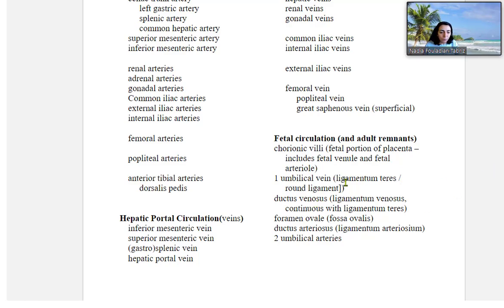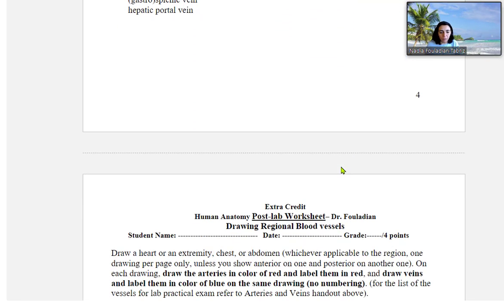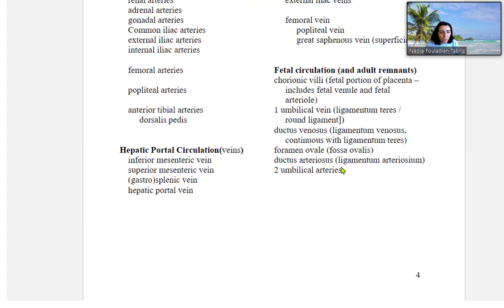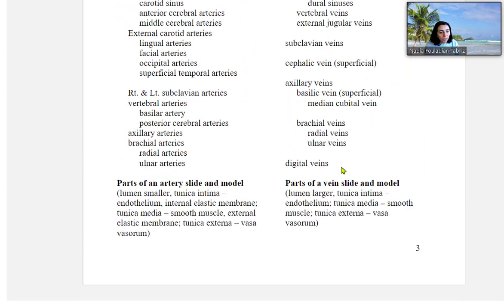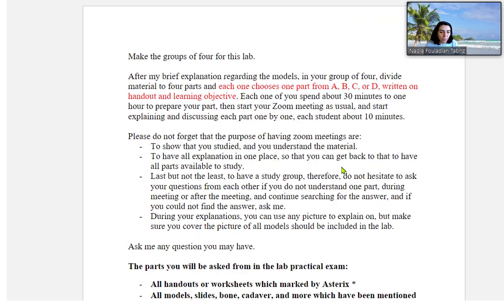So I believe I have the video for that. I checked the video that is from the spring. If it is not there, I will put another separate video for you regarding that. So that is all that we have for this lab for all blood vessels. Any question?